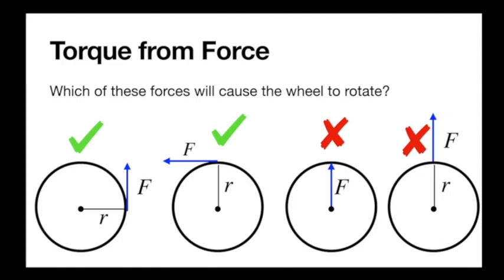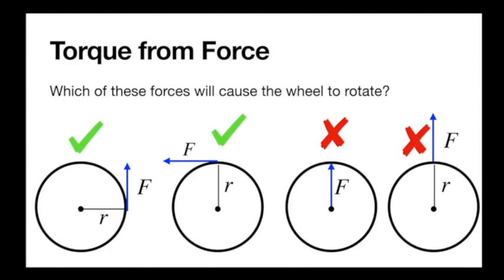Okay, so we need a perpendicular amount of the force. We need the force to be perpendicular to its position vector from the axis of rotation. And the other thing we need, which we haven't proved on this slide but kind of hinted toward, is some distance from the axis of rotation.